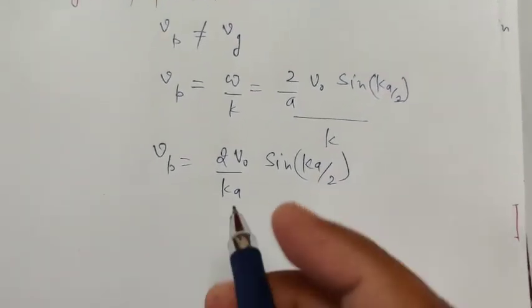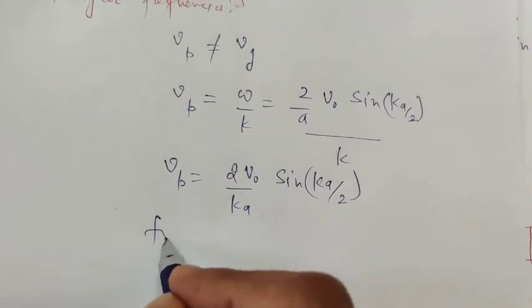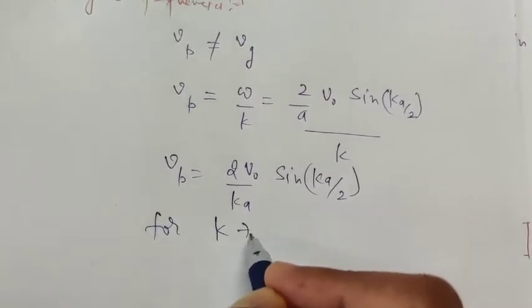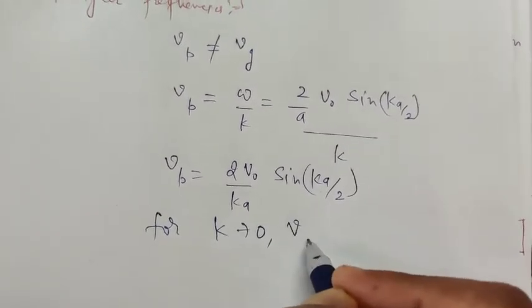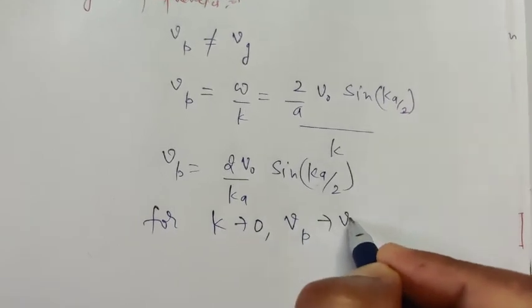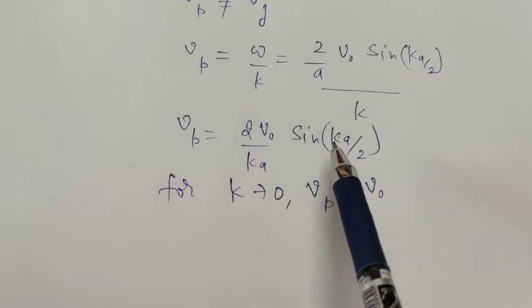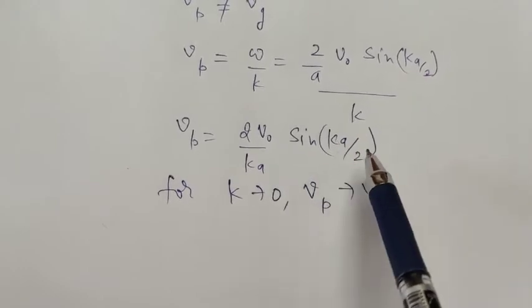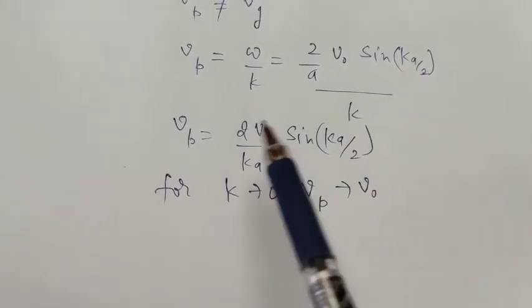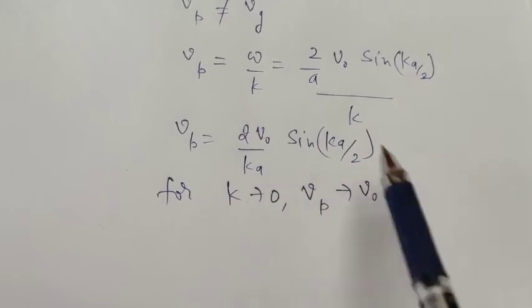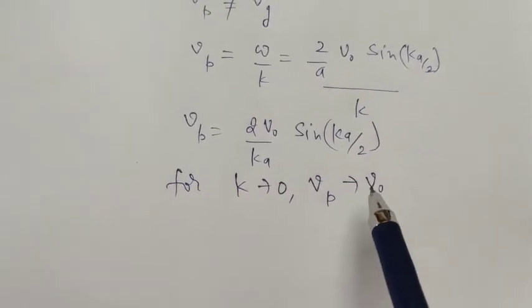Therefore for k approaching 0, here this k will be k by 2, the 2 will be cancelled, therefore Vp approaches v naught.